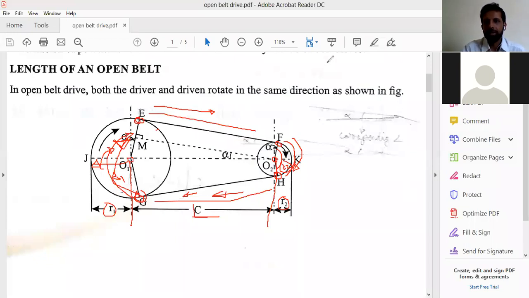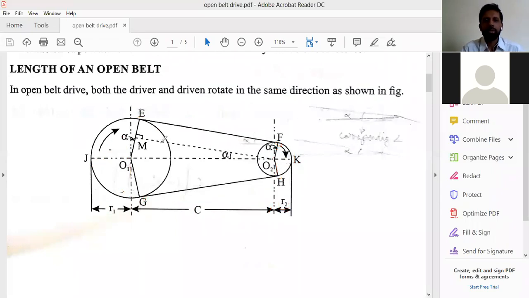Now the next thing is that when we look over here, with this perpendicular line, this belt is going to leave the contact up to this particular angle alpha. From this dotted line to this dotted line, it is going to be 180 degrees.